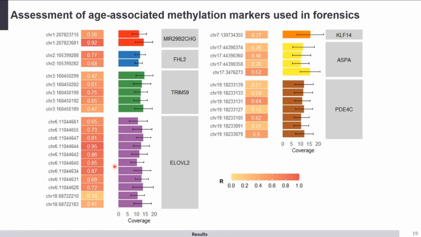And the site with the highest positive correlation with age was found in the gene ELOVL2 with an R value of 0.95. Several other sites within the same gene also show strong positive correlations. Considering the mean coverage across the samples, we achieved at least 10 reads, which is a good number for detecting methylation with nanopore data.